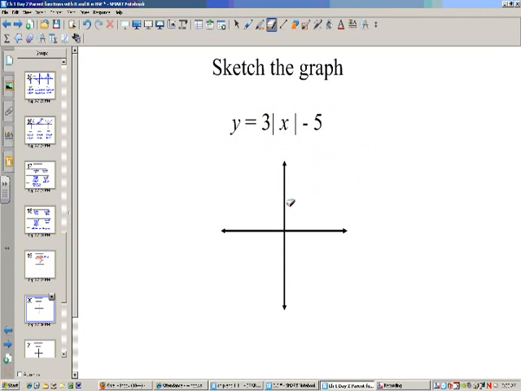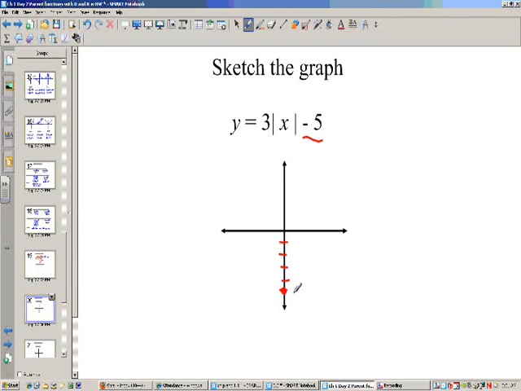All right, now sketch this graph. The minus 5 is a shift down, and the 3 is going to be a vertical stretch. Now vertical stretches are hard for some people to understand, and we'll actually get a better understanding as the semester goes along. But let's start with going down 5. 1, 2, 3, 4, 5. So the vertex, instead of being at 0, 0, is down negative 5. Now we're going to stretch it vertically.